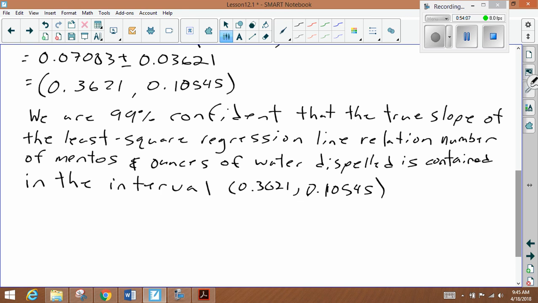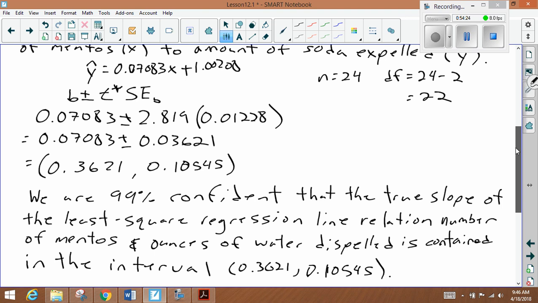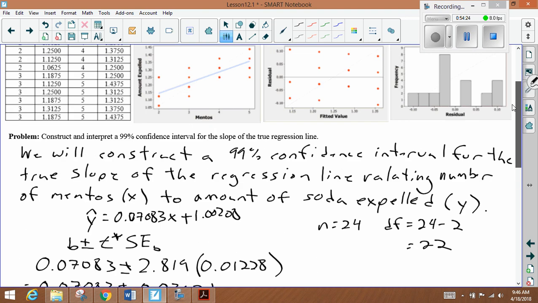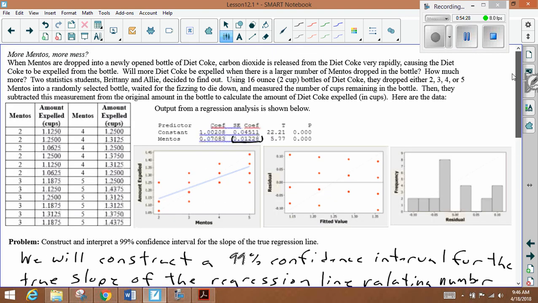All right. Now let's interpret this. We would like it to be the case that more Mentos equals more ounces displaced, right? Is that what we think in our original problem? We've got to go back. Will more Diet Coke be expelled when there is a larger number of Mentos?